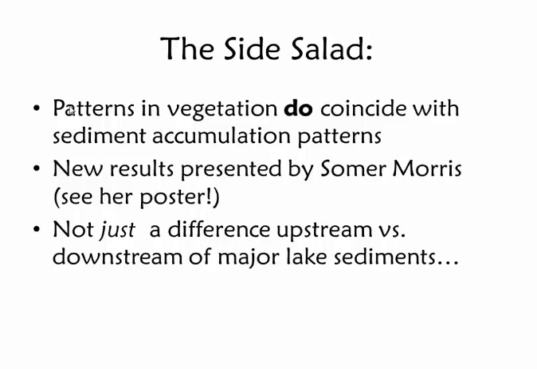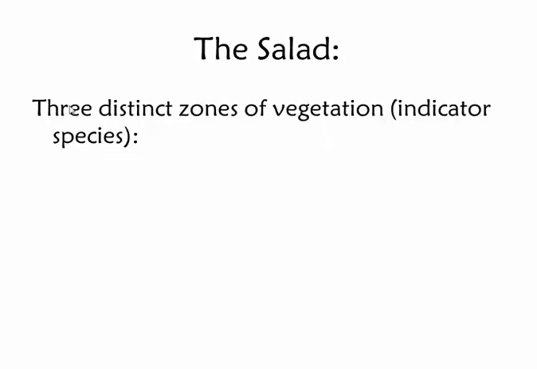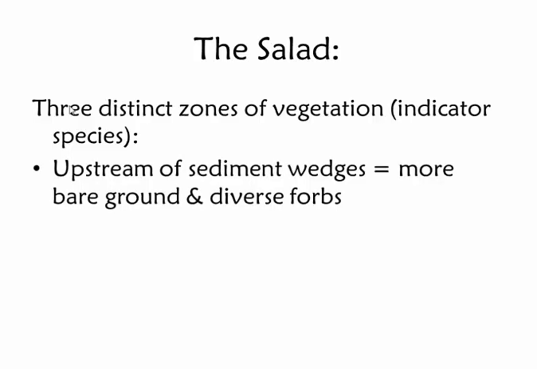So there's not just a difference upstream and downstream of the sediment aggregation area. We actually see three distinct zones of vegetation, and this is what Summer found in her work. So this was a neat surprise. We have pretty good indicator plant species for the different sediment types.